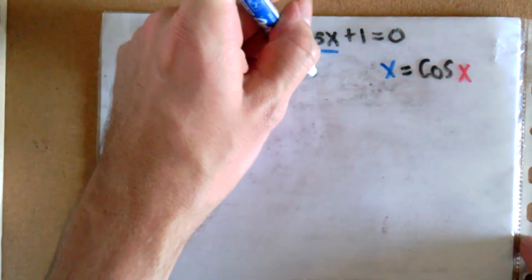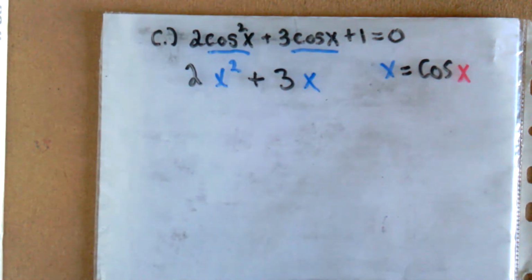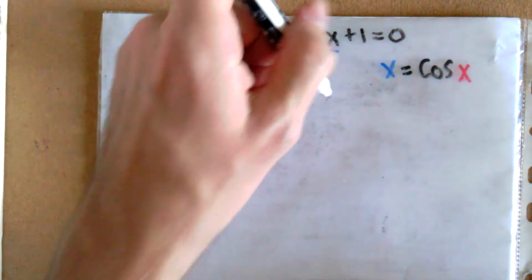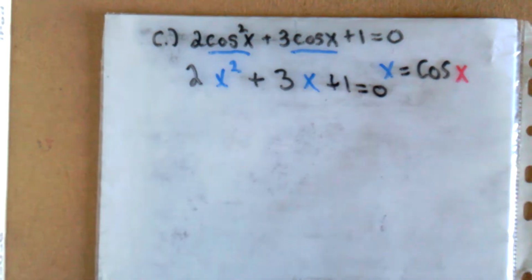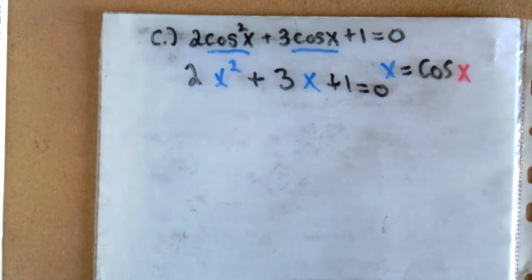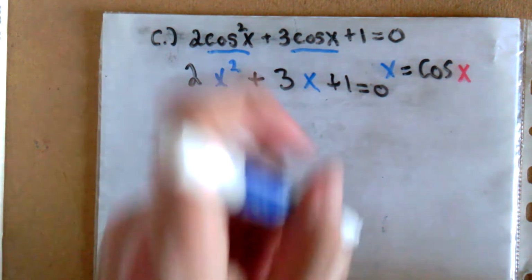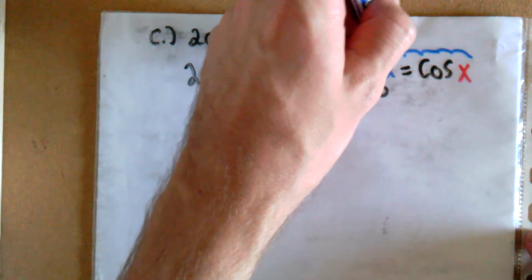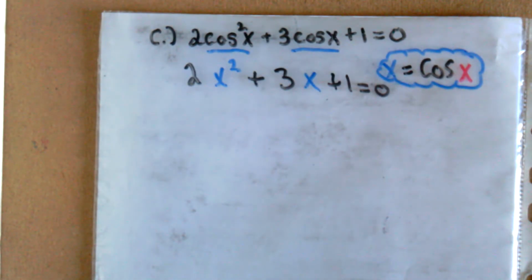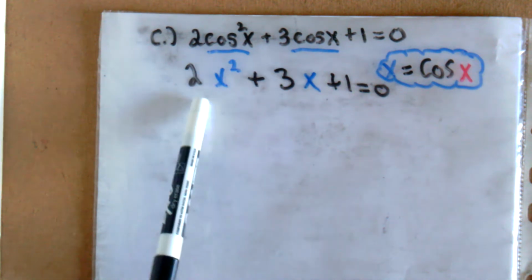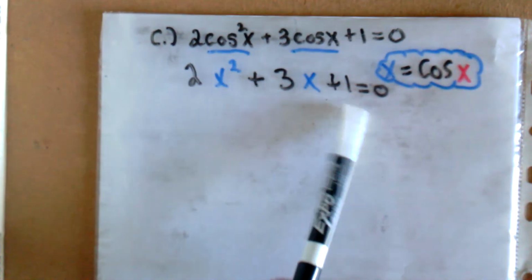So now we have 3x plus 1 equals 0. Just bring everything else down. Okay. Now when we finish solving this problem, we need to remember to replace our x with cosine in order to solve the rest of the problem. But first, let's see what we have. So we have 2x squared plus 3x plus 1 equals 0.